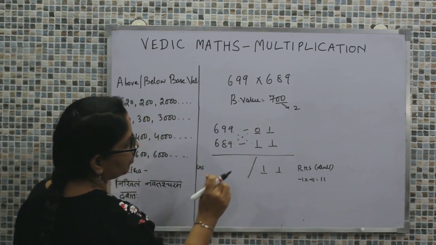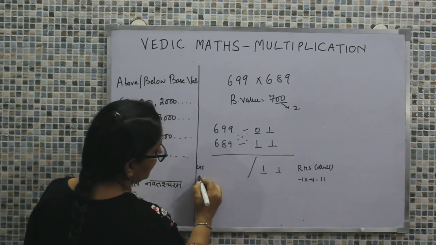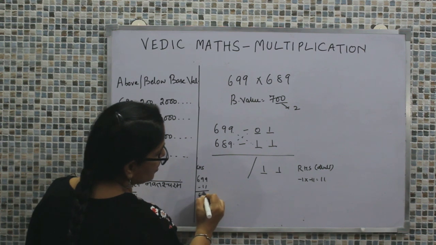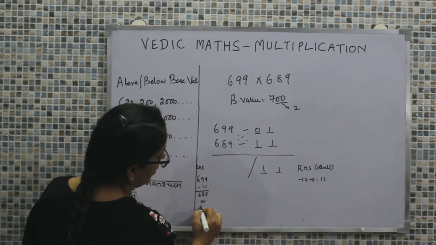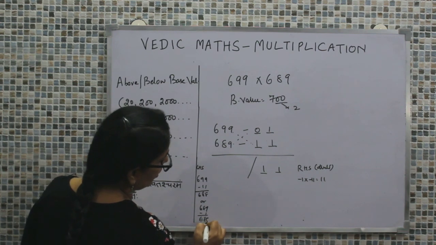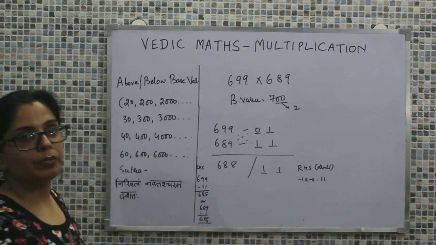Here we need to do the subtraction because every number attached has a negative sign with itself. So 699 minus 11, so that will be 688, or 689 minus 1, so that is 688. So the LHS would be 688.